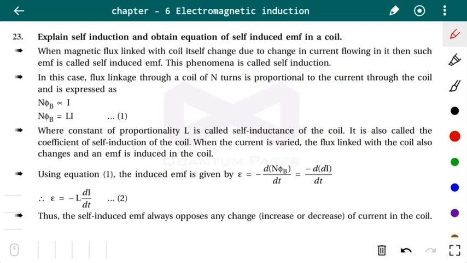But here, in this case, the current is passed through the coil, and due to that, the magnetic field is produced around it.